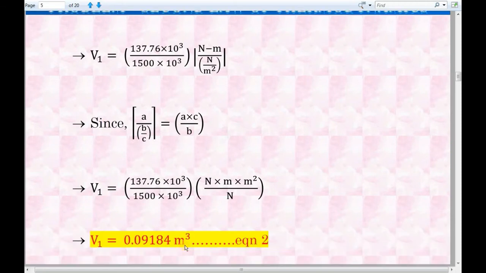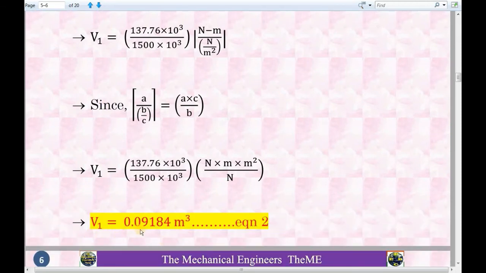So the next step will be V1 is equal to 0.09184 meter cube, which means volume of air at the beginning of heat addition is 0.09184 meter cube. Okay, and consider this one as equation 2.